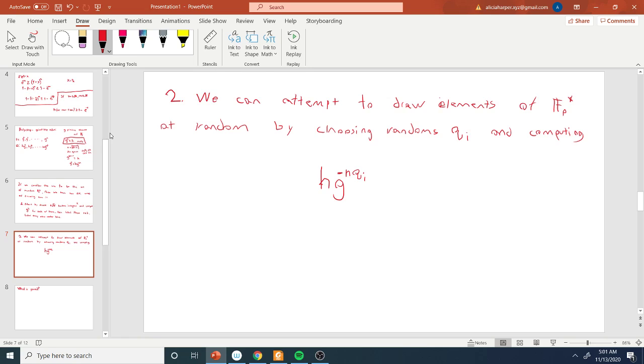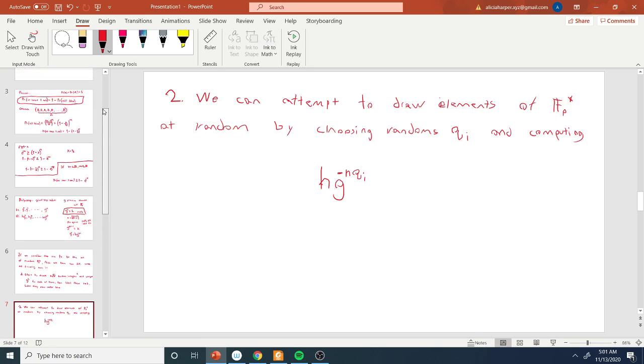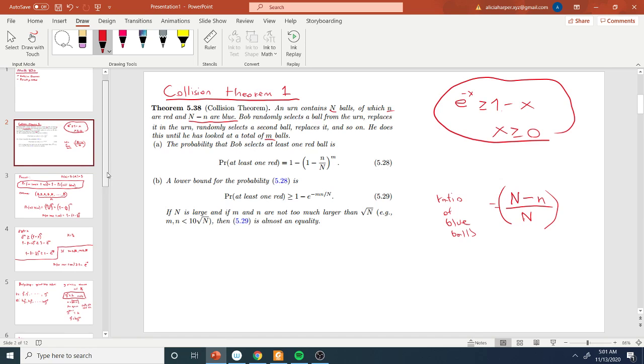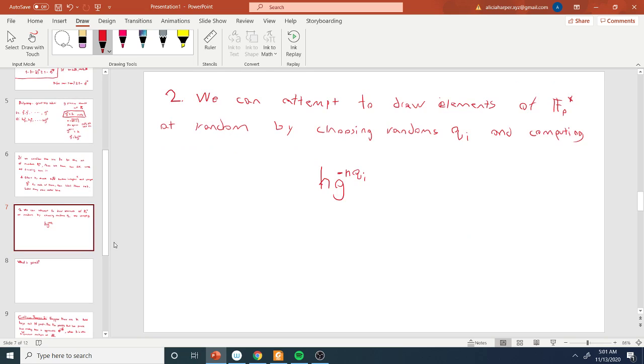Now, because we're drawing from a random urn, and everything in the urn has already been colored, then we can apply collision 1 theorem directly to deduce that if we're choosing enough Qi's here, say also around c times the square root of n, then we're very likely to find a solution to the discrete log problem.